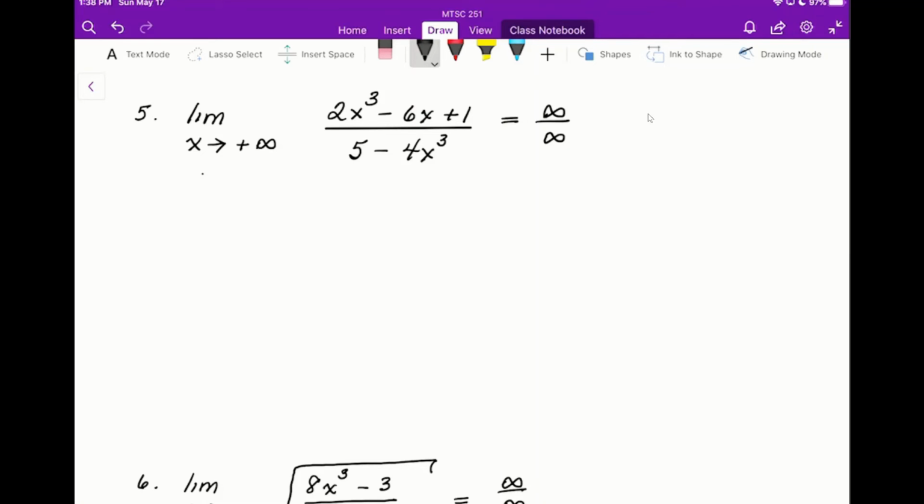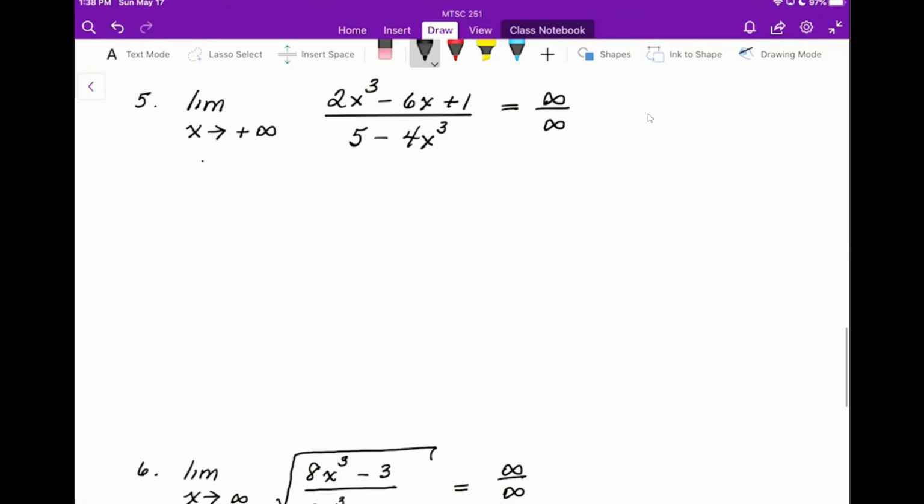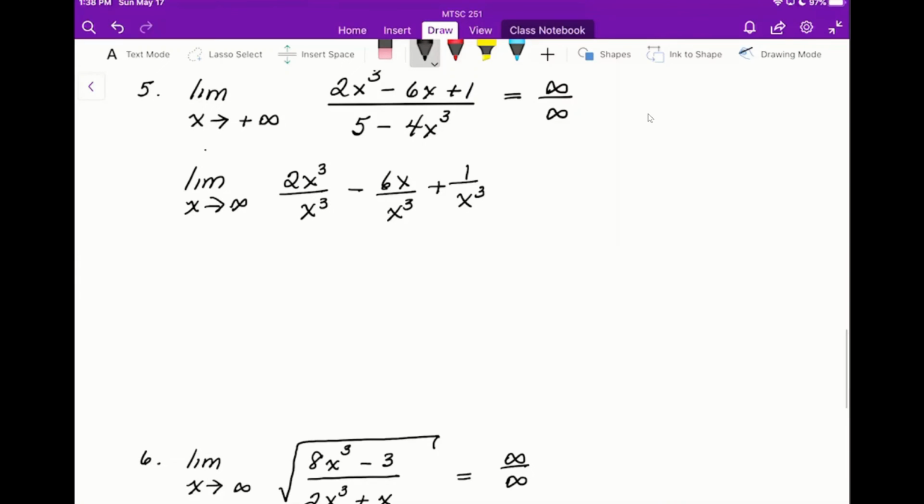So again, we divide by the highest power of x, and we get the limit as x approaches infinity of 2x cubed over x cubed minus 6x over x cubed plus 1 over x cubed, that entire numerator divided by 5 over x cubed minus 4x cubed over x cubed.